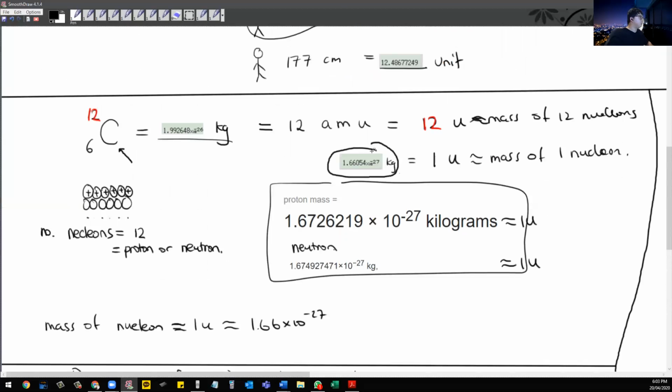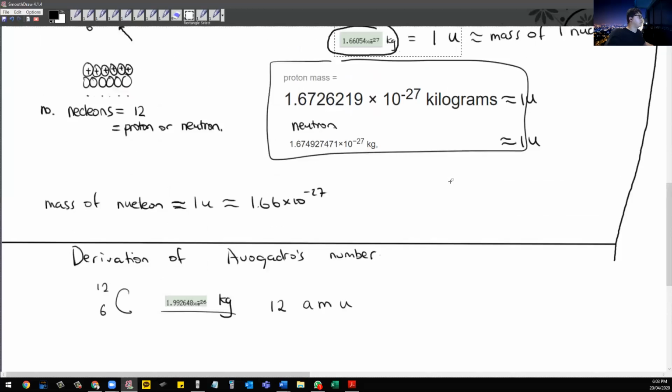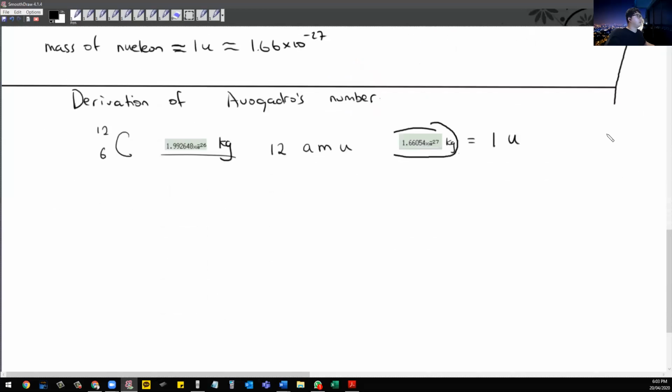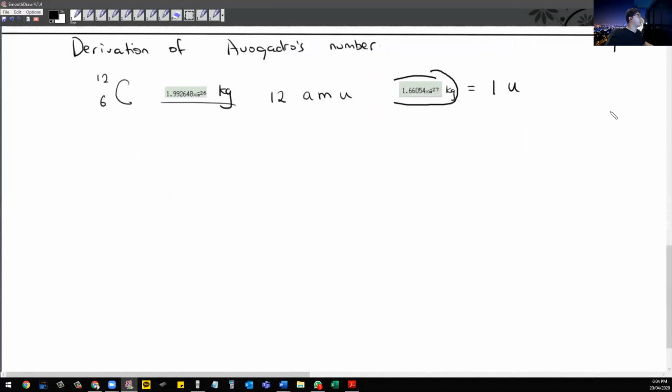And 1U is this much. By the way, this one is equal to 1.99268 times 10 to the power of negative 29 grams, isn't it? Yes, because you just divide by 1,000 to get grams.